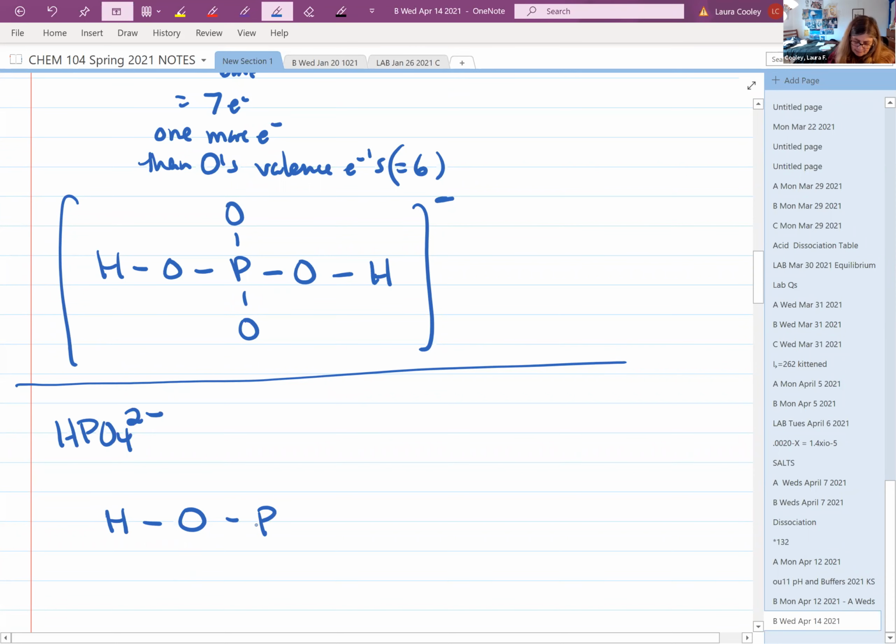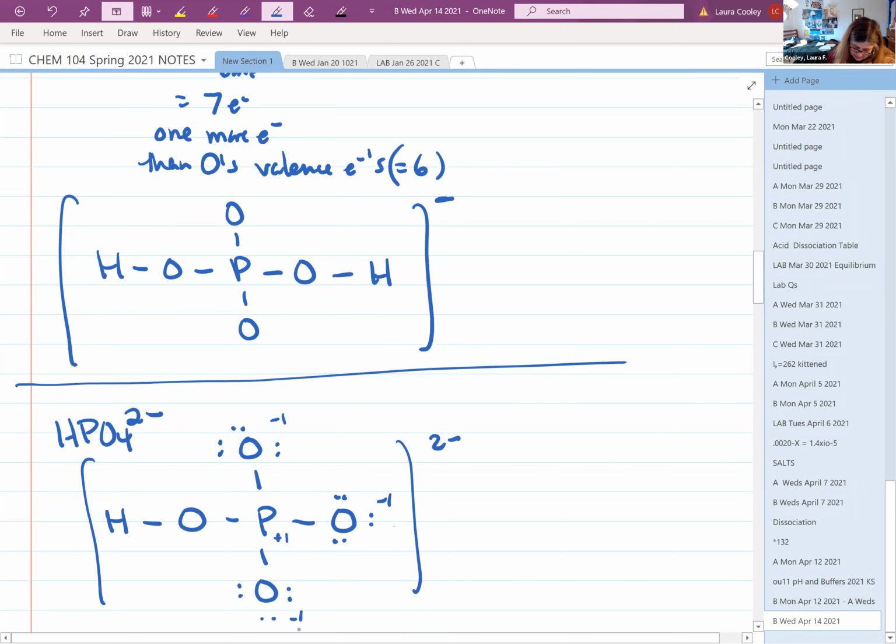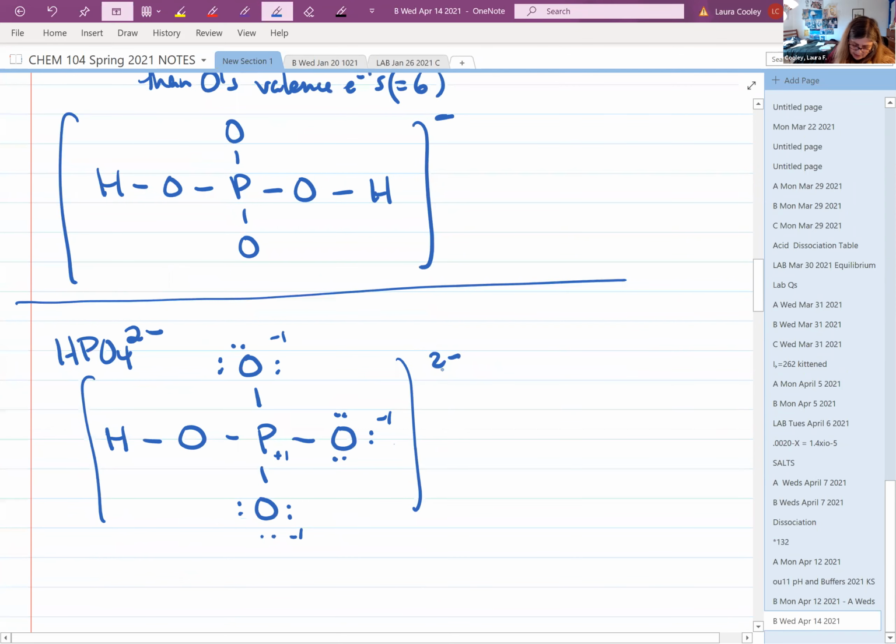Here's a P. Oh, it looks like it's the same, except it doesn't have that H. And indeed, we have a -1 here, a -1 here. We still have +1 here, and a -1 here as well. So we have even a greater charge here of 2 negative.